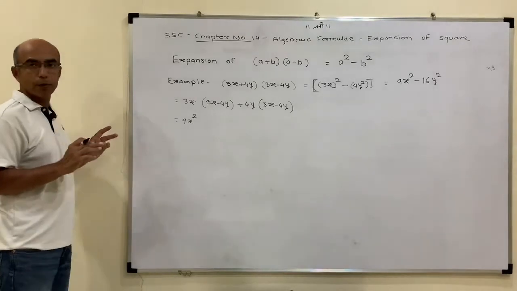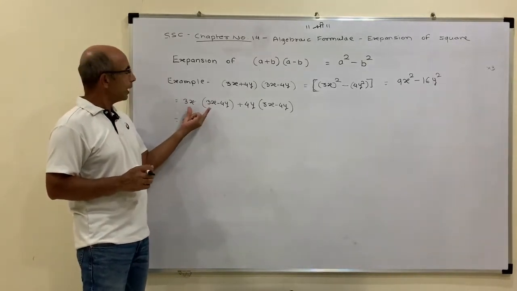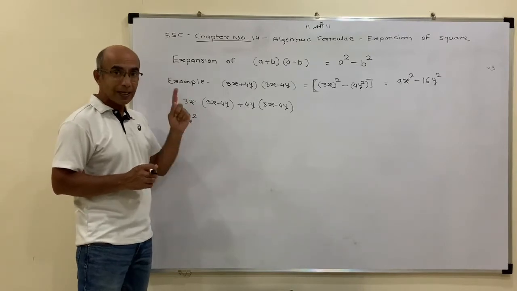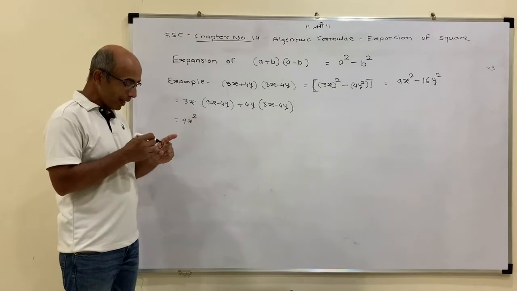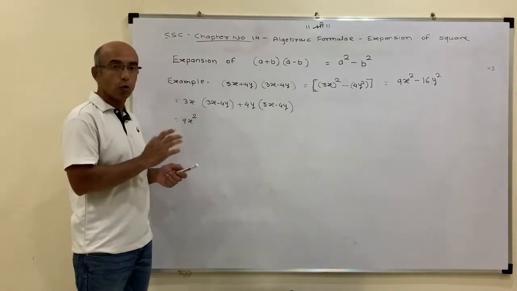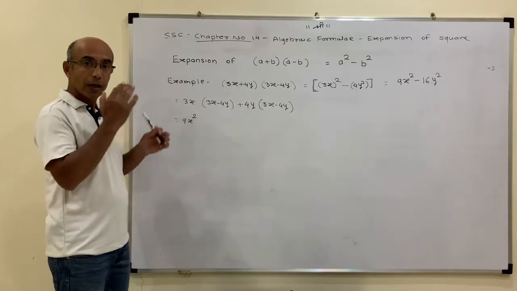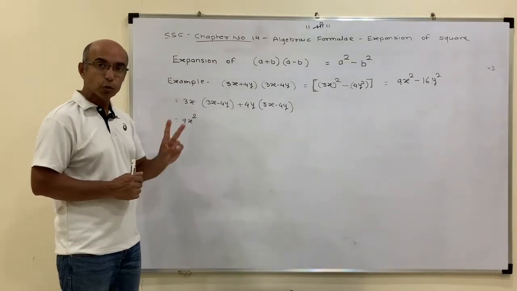You have to be very careful here. 3x into 3x, 3 threes are 9, x into x is x square. There are a lot of chances that you may commit a mistake. X into x, you may write it as 2x. No, x into x is x square and x plus x is 2x.